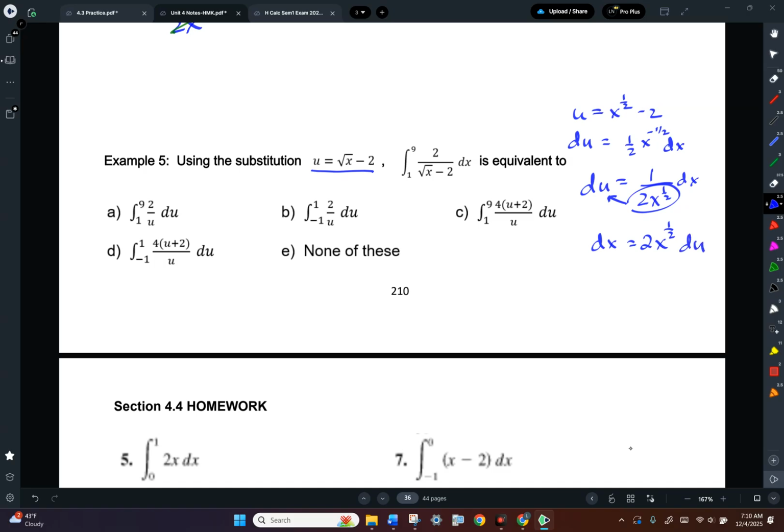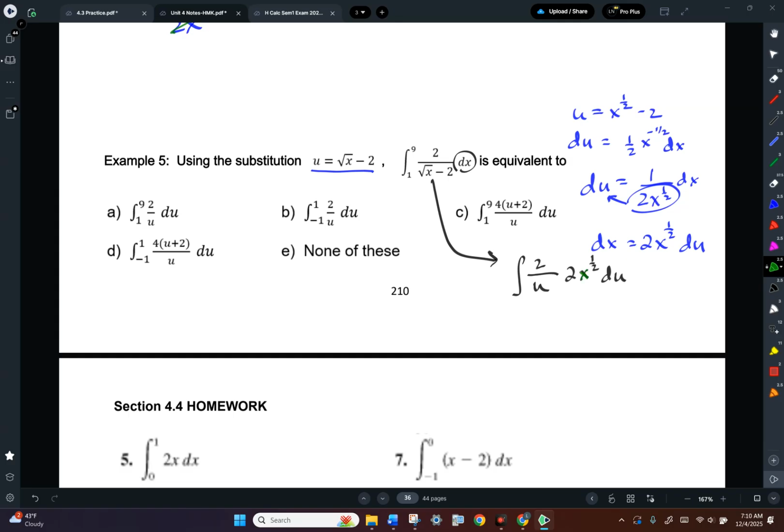Okay, so when I rewrite this integral, forget the 1 and 9 for a minute. Forget the 2 for now. The denominator is the u. In place of this dx, I'm going to put 2 times x to the 1/2 du. Okay, so there's a couple things I have to take care of here. First of all, I don't want u's and x's. And notice all the answer choices are u's. So I need to get rid of this x to the 1/2 right here.